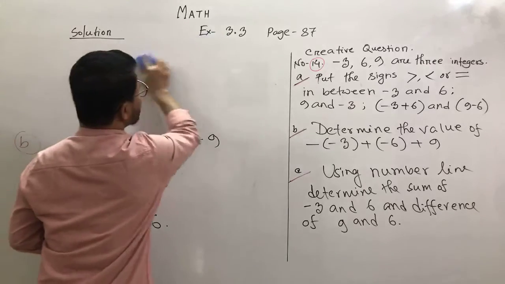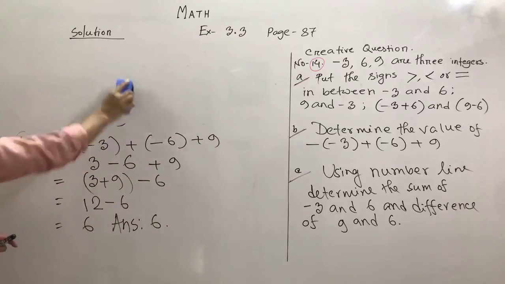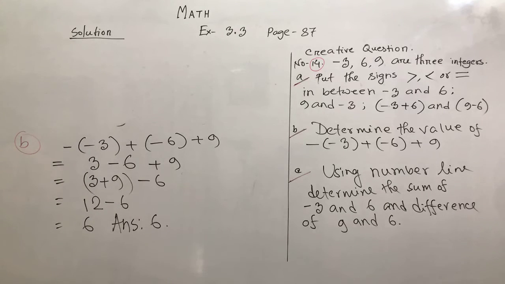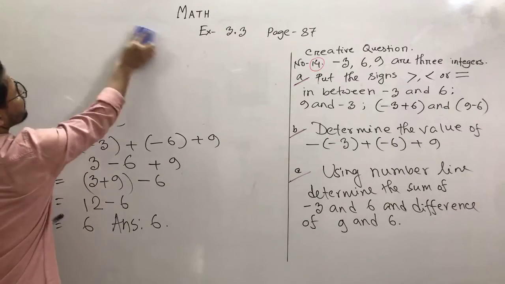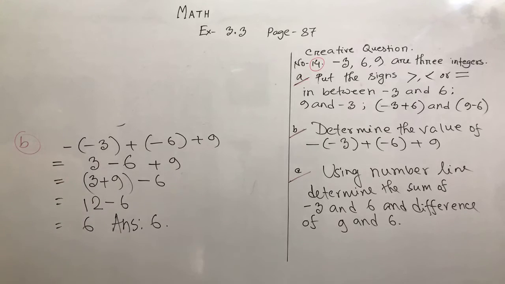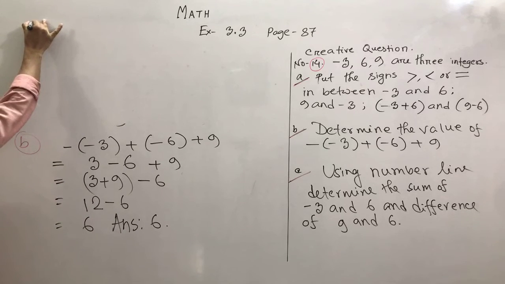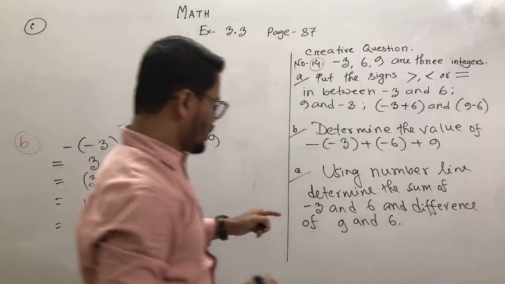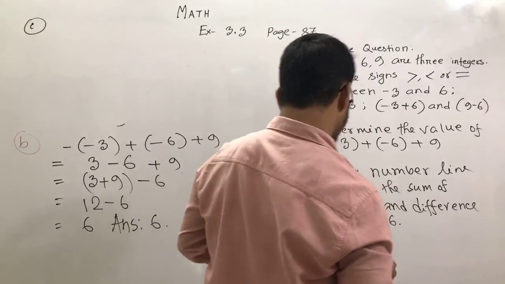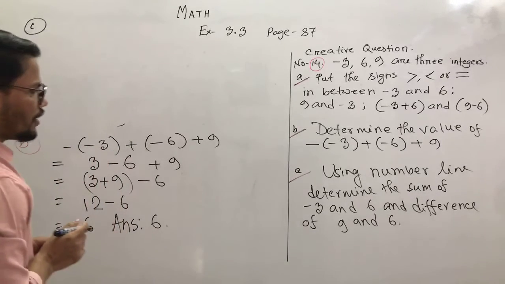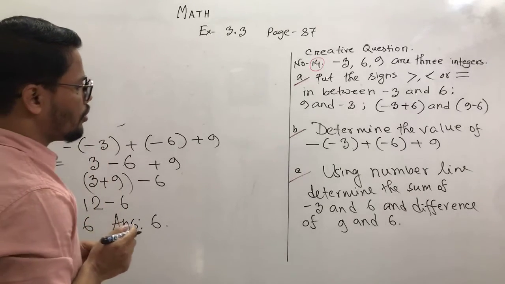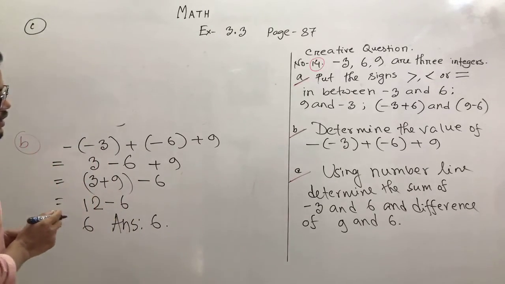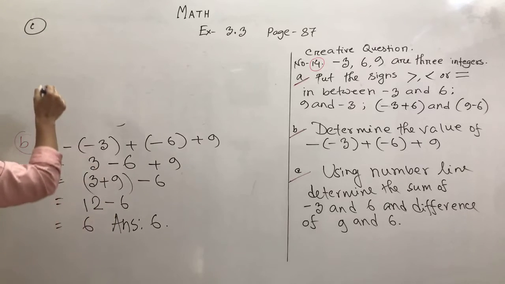If we start writing the solution for question number C, we can write here: determine the sum of. Find the sum of minus 3 and 6 by using number line.